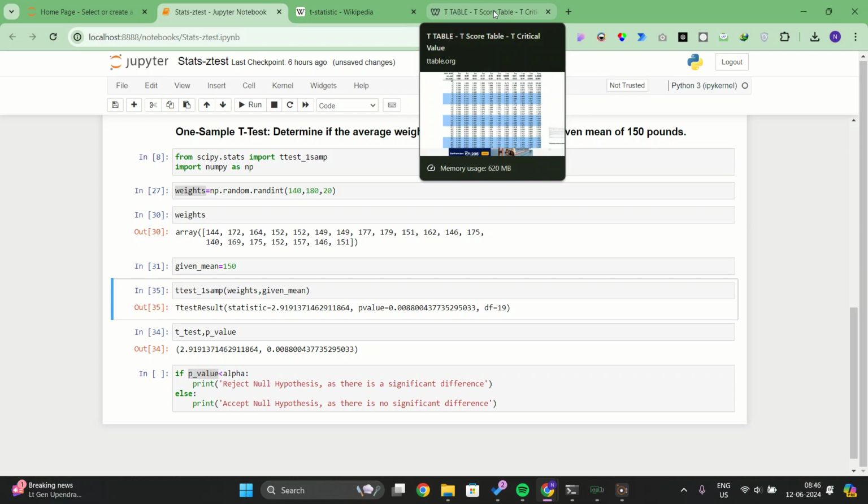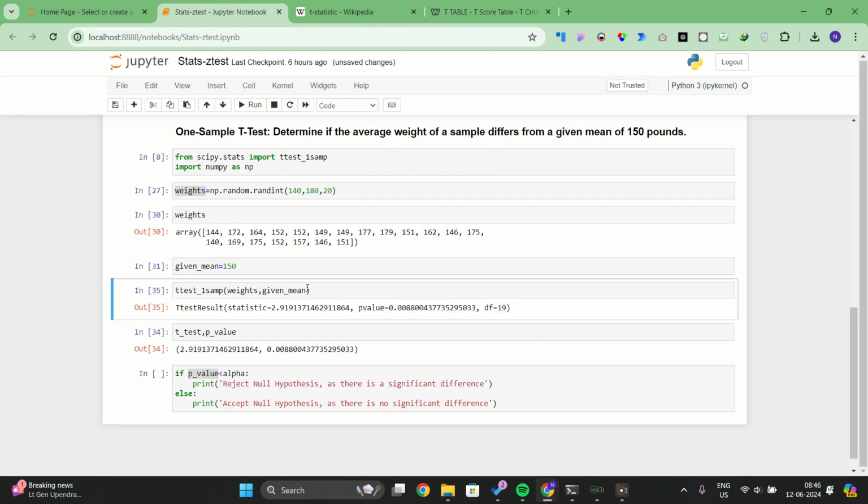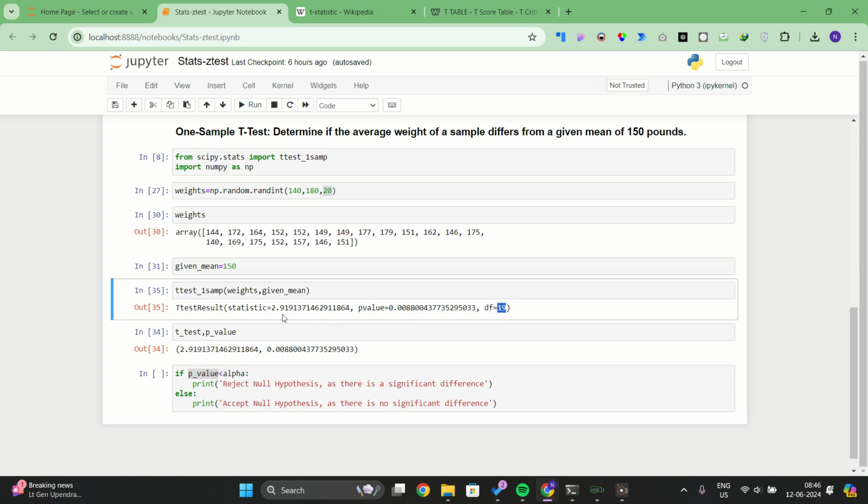Okay, let's get into the t table here. The degree of freedom is given on the left hand side, and since the sample size is 20, we get 19.